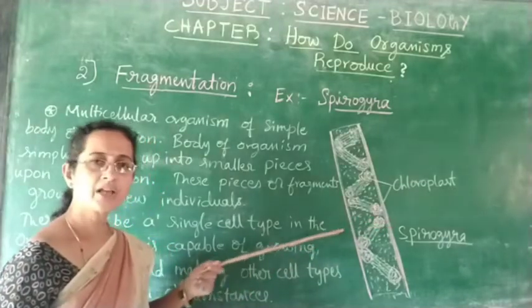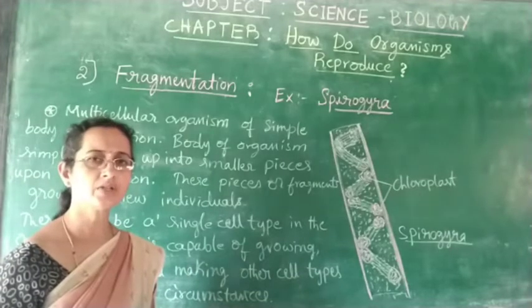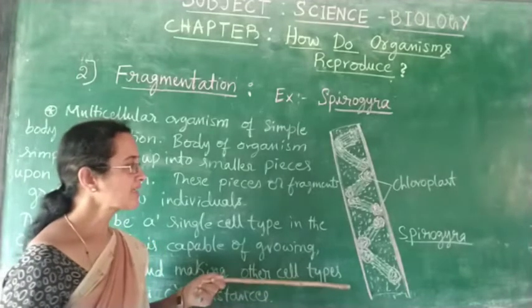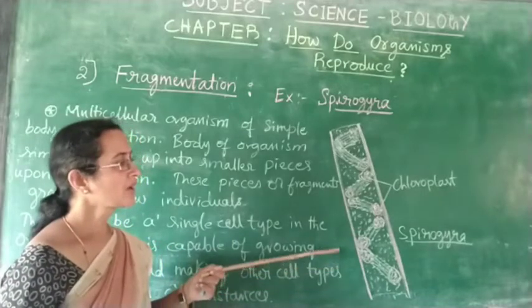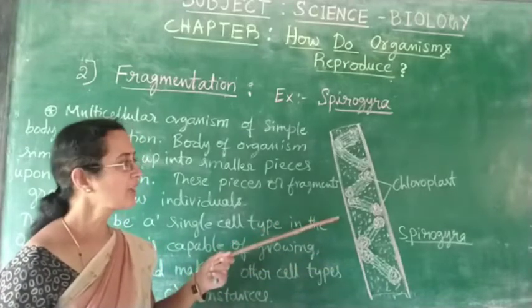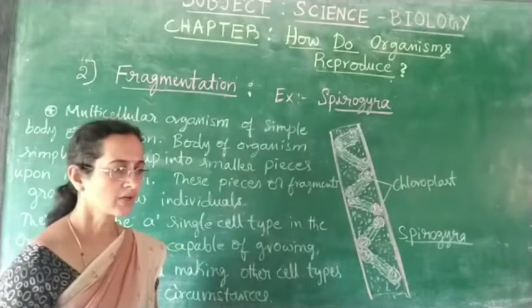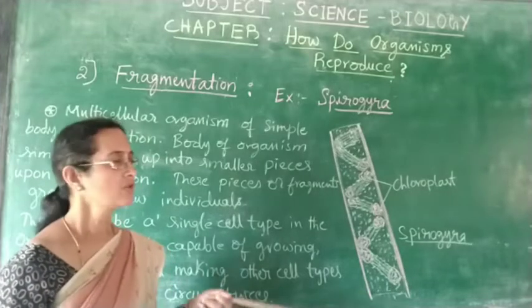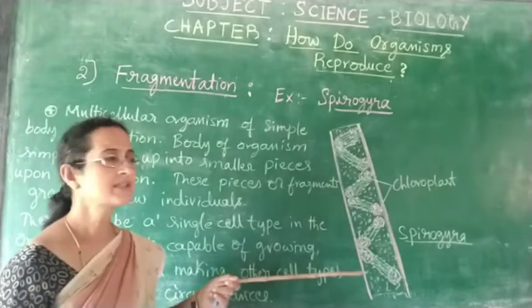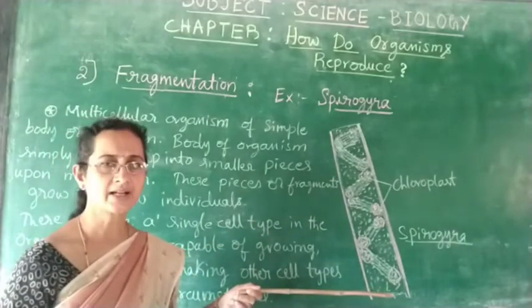When the body of this Spirogyra is cut, how can it develop into a new individual? If you take some of the filaments of Spirogyra in the pond water, and take one or two drops of that water and observe under the microscope, you see that those filaments consist of some specialized tissues inside.